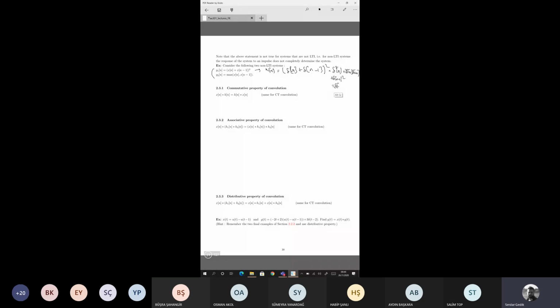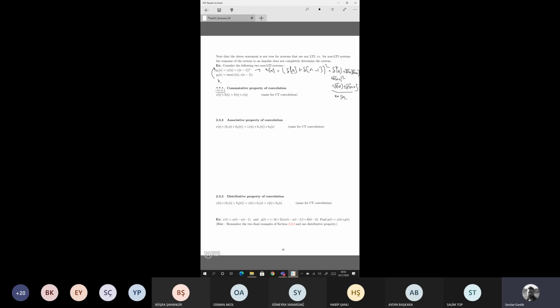So this is simply impulse[n] plus impulse[n-1]. The system tells you to sum the current term and the previous term and take the square. But the impulse response only tells you to sum the current term and the previous term, so no square operation here. So the impulse response does not characterize the system in this specific example.